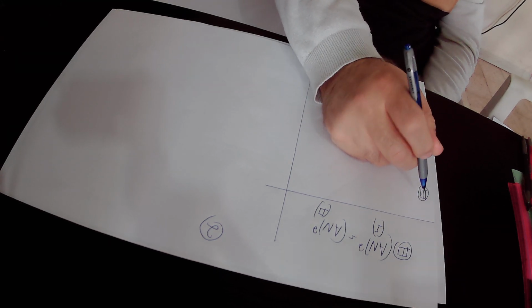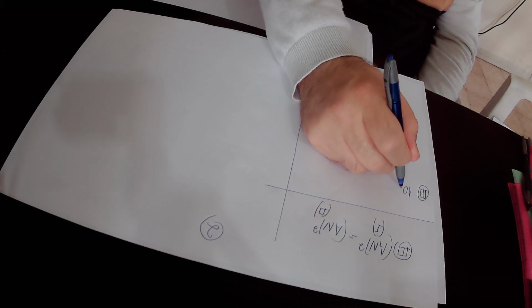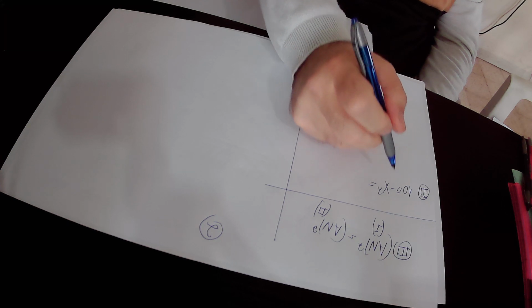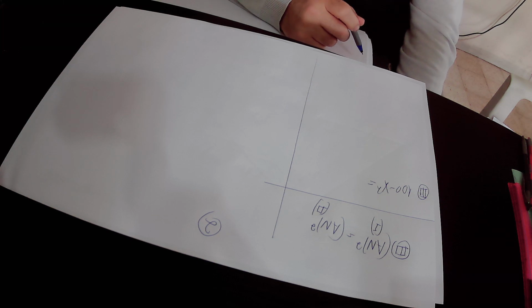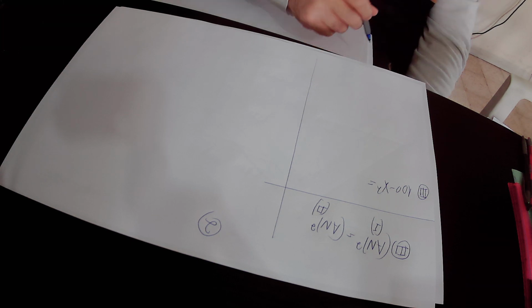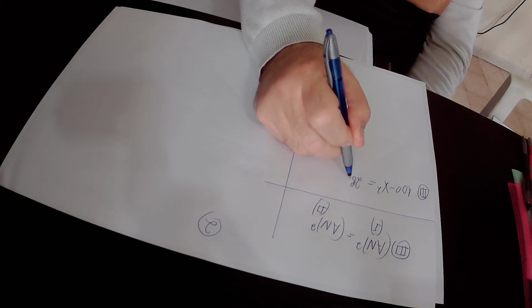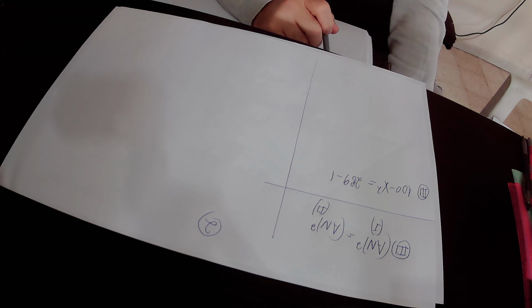So AN square according to equation 1 is 100 minus x square, and it must be equal to AN square according to equation 2, which is 289 minus (21 minus x) square.